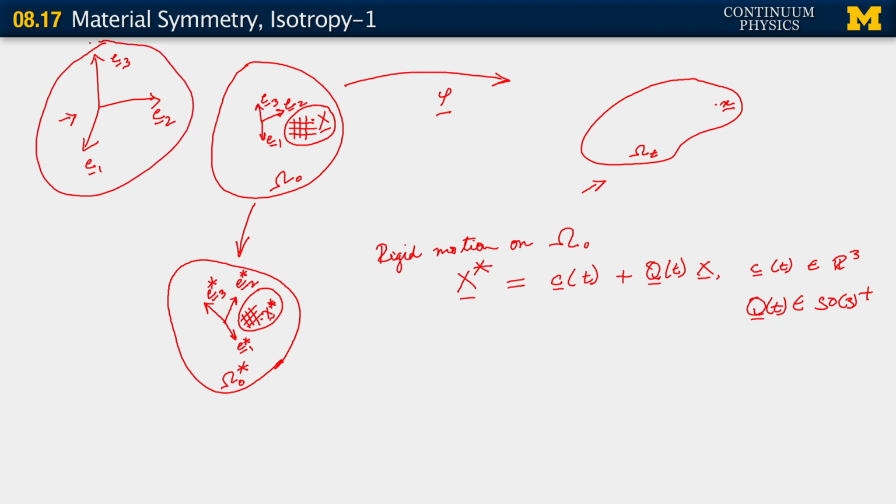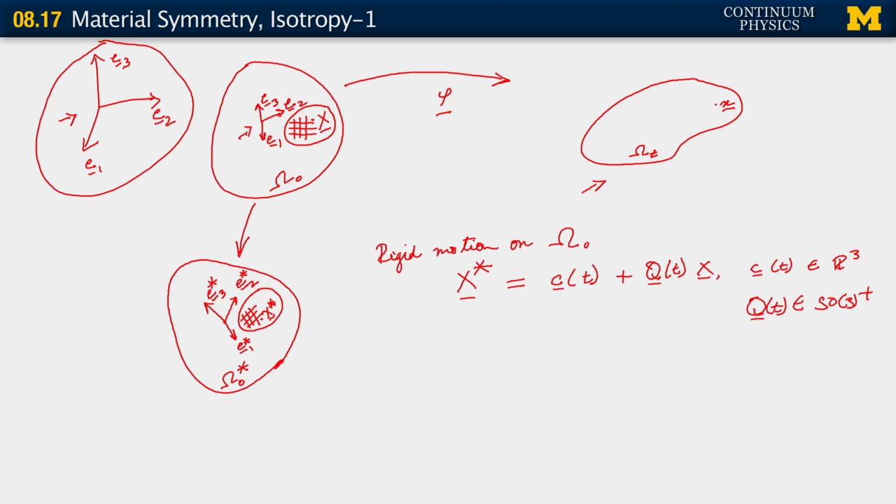I also made a copy of that basis and put it on the original reference configuration omega naught, and you can see it here. Then I applied a rigid motion to that reference configuration. Of course, it's only the rotational part of that rigid motion that's really important here.